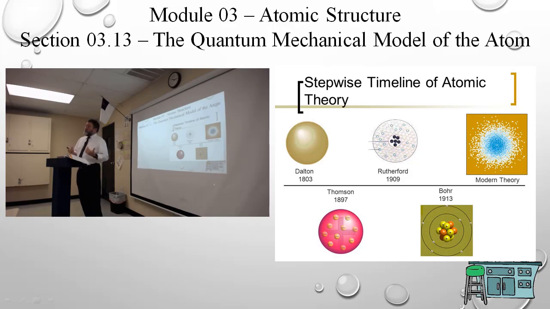Like we said before, models aren't designed necessarily to present reality as much as they are used to help us understand. They're like a metaphor. In this case, we're going to use a metaphor of a particle, and we talk about where it could be, but we can't know exactly where it is.